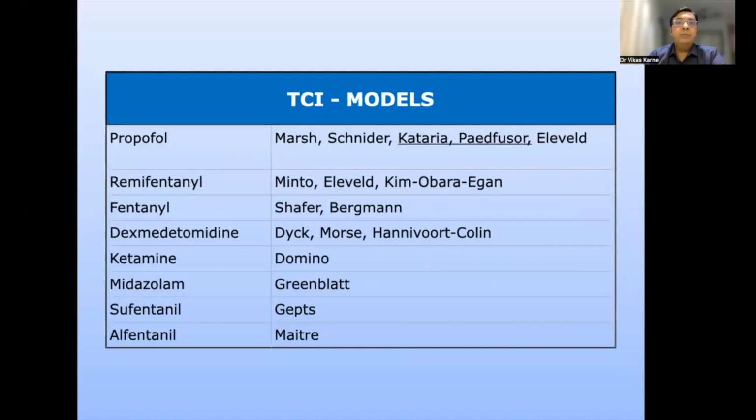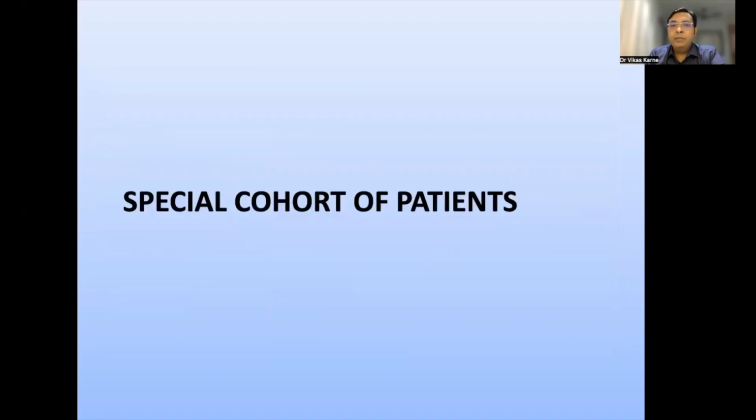Of the different models that we have for propofol, we have Marsh and Schnider for adults, and Kataria and Paedfusor for pediatric patients. Eleveld is a new model, which again we'll discuss in the next couple of slides. And there are other models, including the Hannivoort and Colin model for dexmedetomidine, which is now coming into clinical practice.